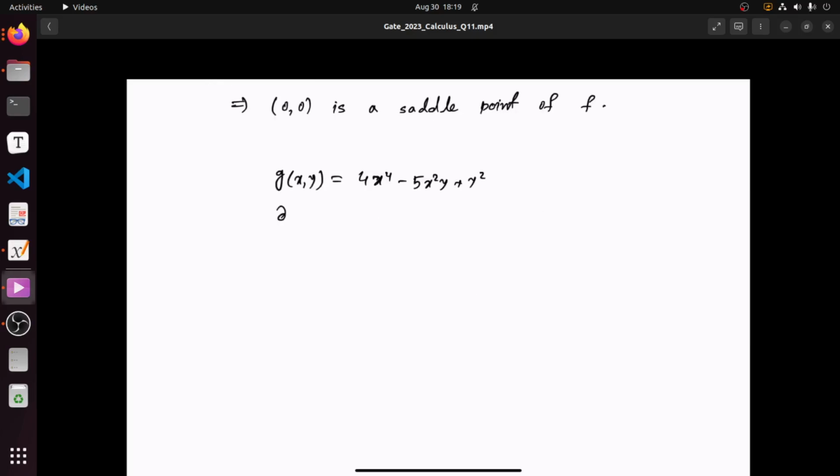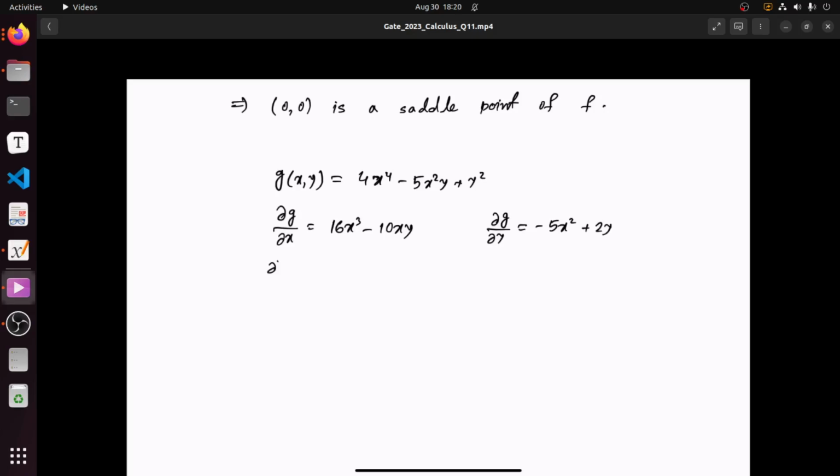So let's find del g by del x. If we differentiate g with respect to x, we will get 16x cubed minus 10xy. Del g by del y, you will get minus 5x squared plus 2y.